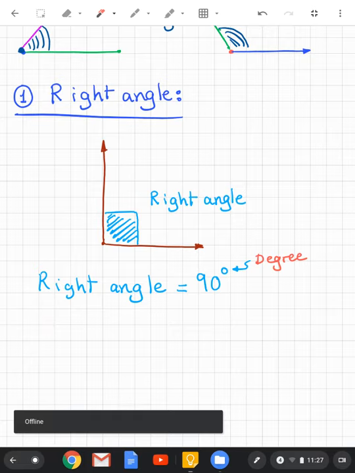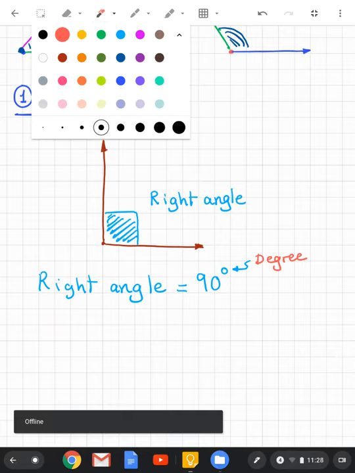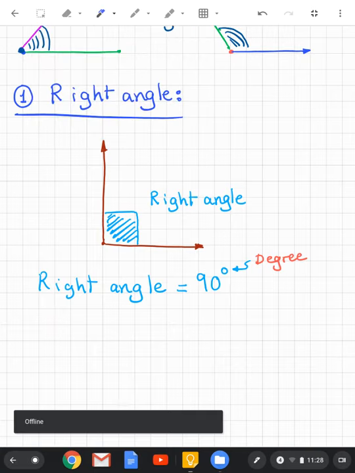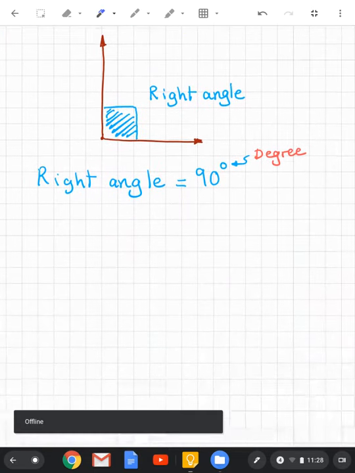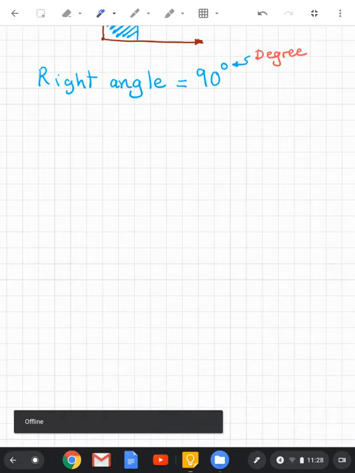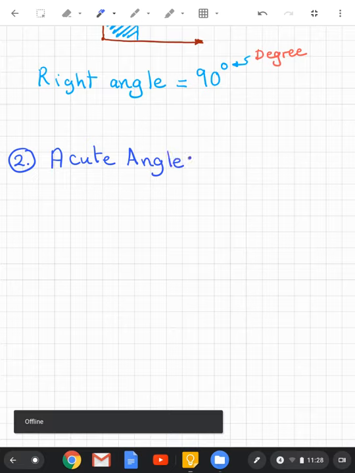What if we have another angle, its measure is less than 90 degrees or less than the right angle? This is our second type, we call it acute angle. Let us see what the shape of the acute angle will be.